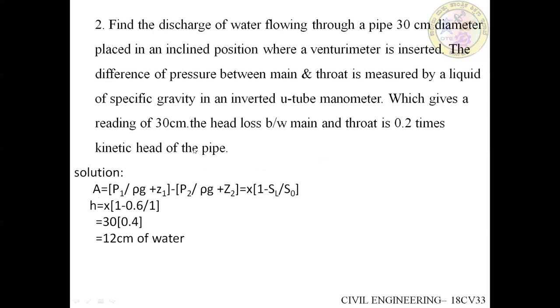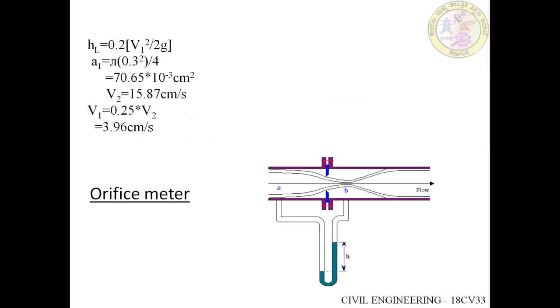Kinetic head is V1 square by 2g, so it is 0.2 times V1 square by 2g. You can calculate HL also. After that, you can calculate V1 as well as V2. By knowing V1 and V2, we can calculate the discharge, which is equal to A1 into V1 or A2 into V2, by using the continuity equation.